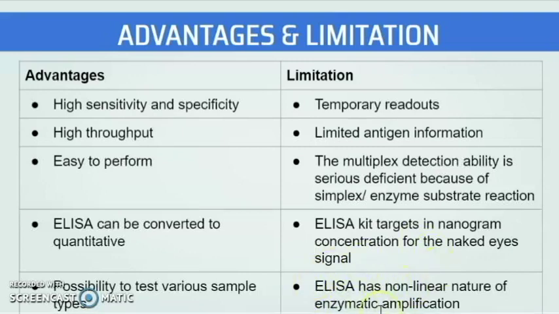Then we move on to the fifth one, which is that ELISA has a non-linear nature of enzymatic amplification, which has many problems that include long incubation time, endogenous peroxide interference, mutagenic or carcinogenic substrate, and reduced activities caused by preservatives or metal contamination.